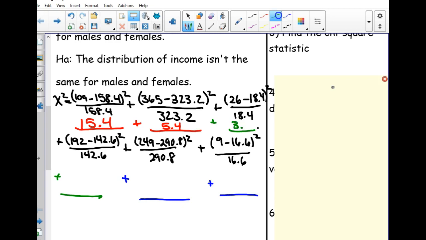So let's just say 3.1. 17.1, perfect. And then Janai, you were blue, I'm sorry. 6.0, okay. 3.5. Okay, and now I need you to add up the colored numbers, okay? Each individual chi-square component.